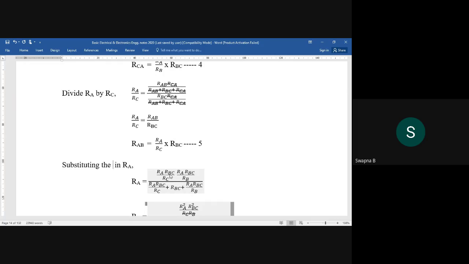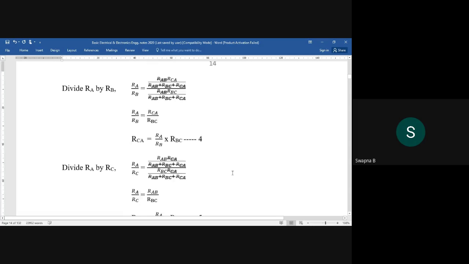Substituting the equation 4 and 5 in equation 1. What is equation number 1?